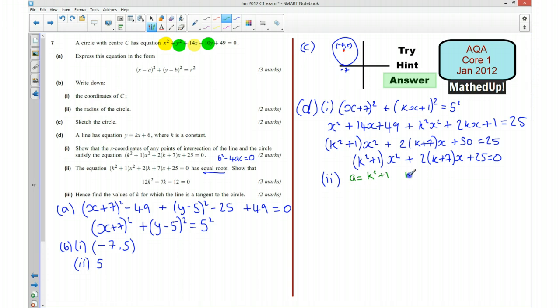My b value is going to be the coefficient of my x, which is 2k plus 7, and my c term is going to be 25. Okay, and I want to show that b squared subtract 4ac is going to be equal to 0.